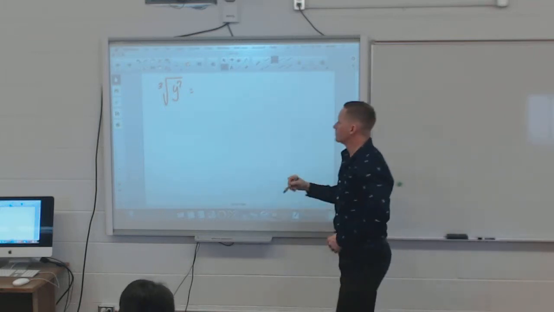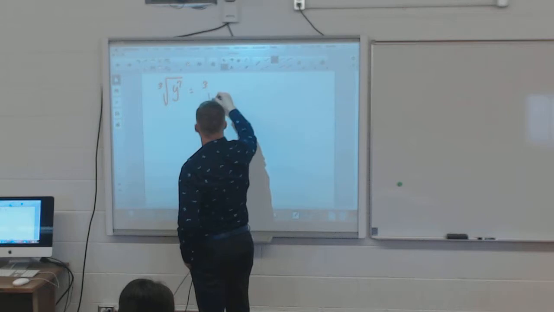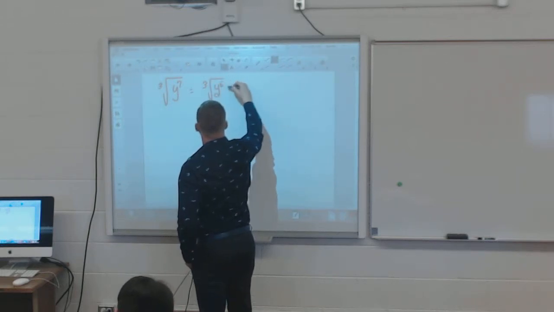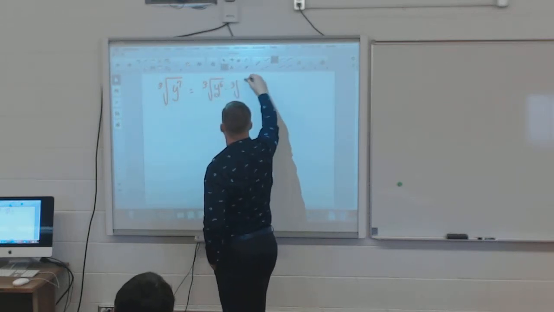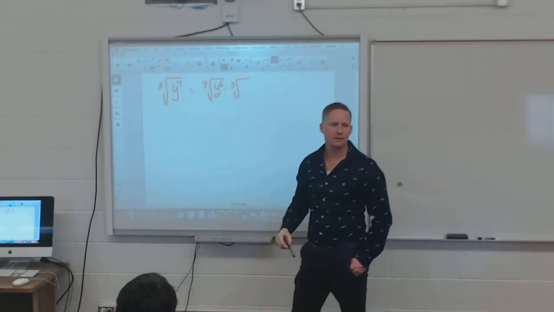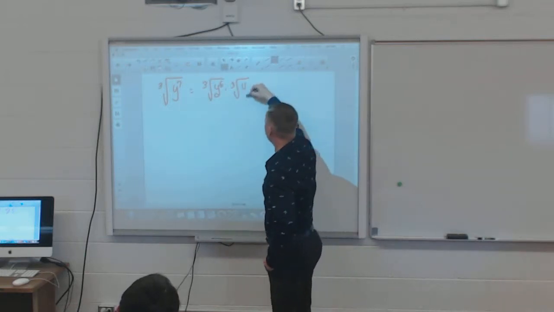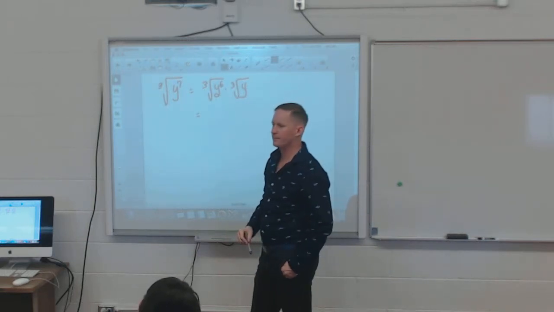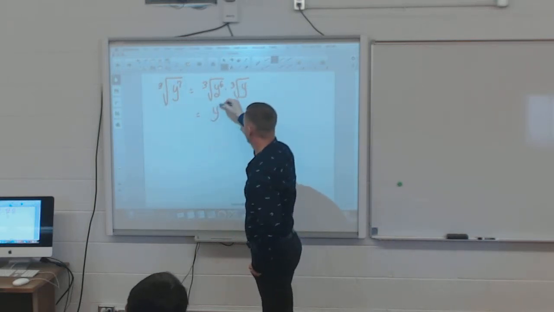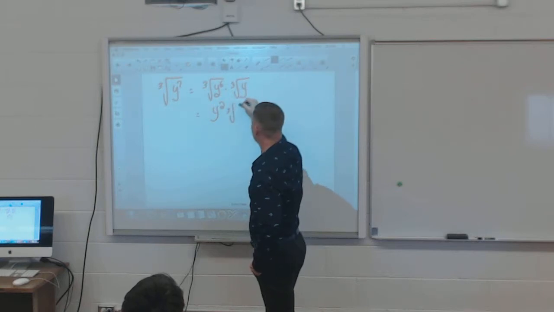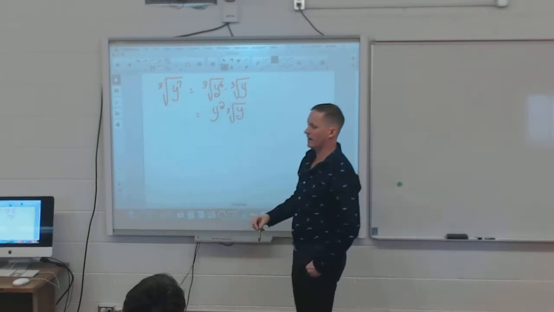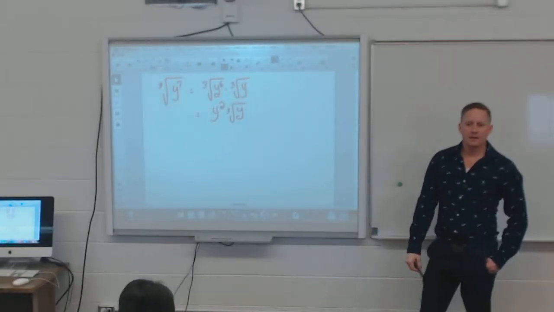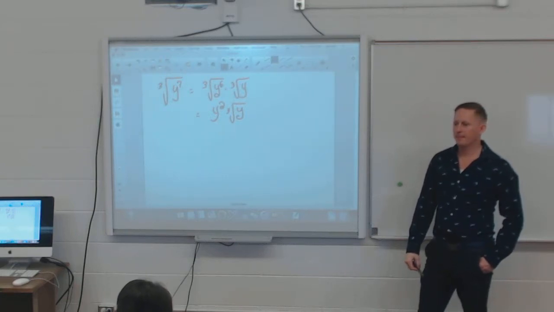So I'm going to rewrite it as cube root y to the 6th, and how much is left over if I take y to the 6th out of y to the 7th? 1y. Okay? So what am I left with then? Y squared, cube root y.